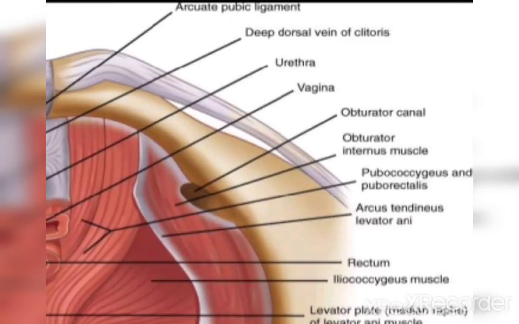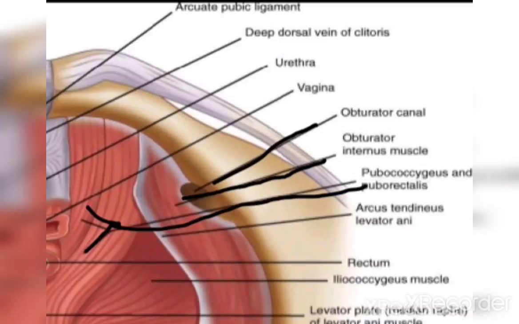This is the obturator canal. Then there is the obturator internus muscle. Then the pubococcygeus and puborectalis: this lower one is the pubococcygeus, and the upper one is the puborectalis muscle.